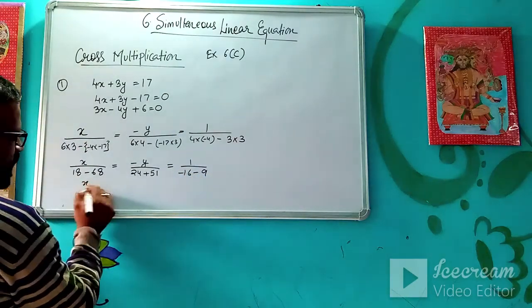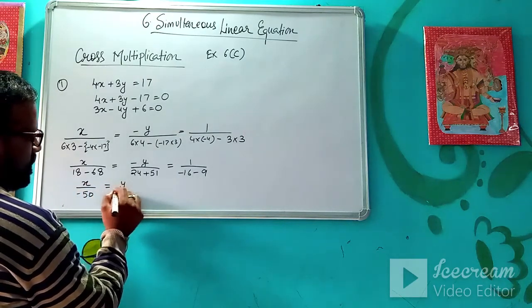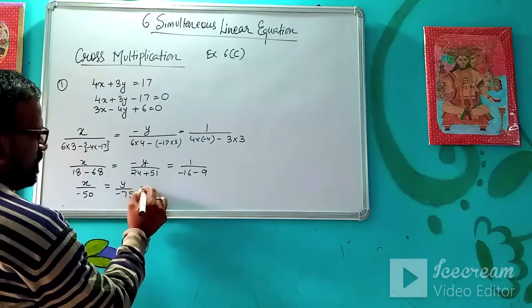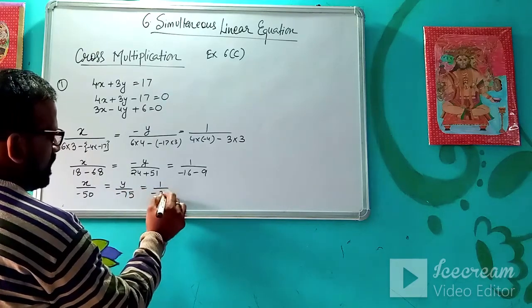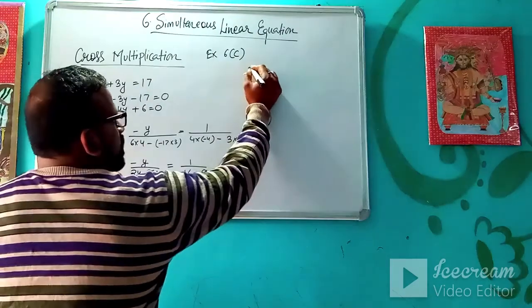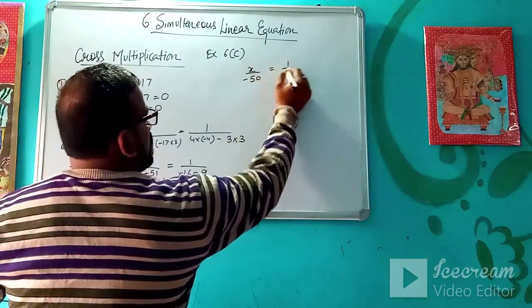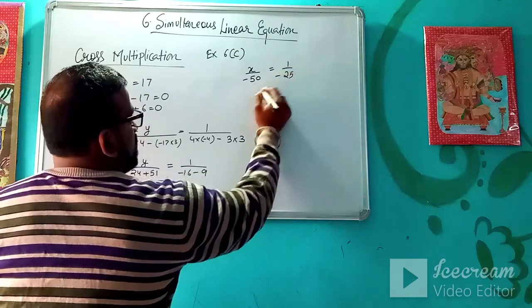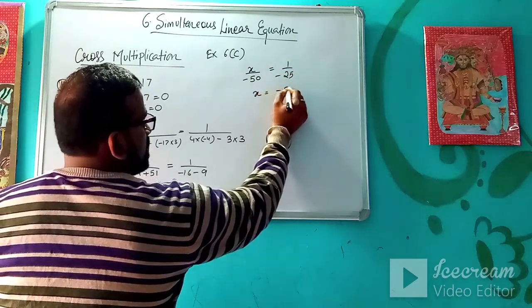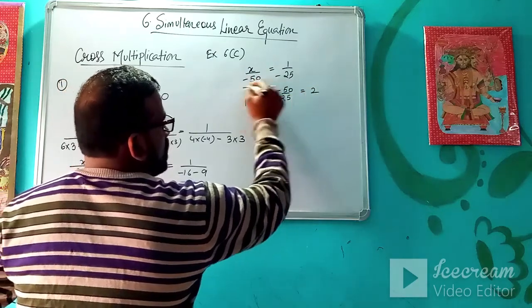So this is what we get: x upon minus 50, y upon minus 75, and this is 1 upon minus 25. Then we will compare them one by one. x upon minus 50 equal to 1 upon minus 25, so x will be 2.